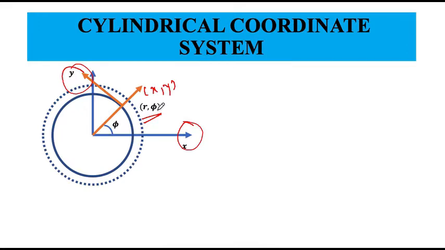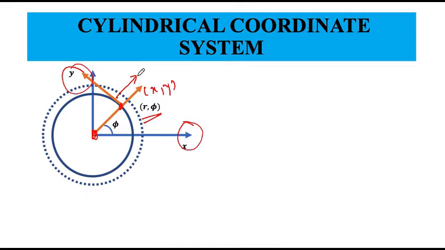Okay, so where should r and phi unit vector be located? Well, remember what is r? R is the distance from origin to the circle over here. So it is increasing in a particular direction.